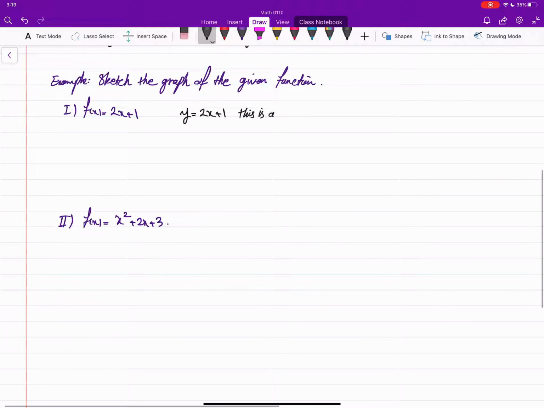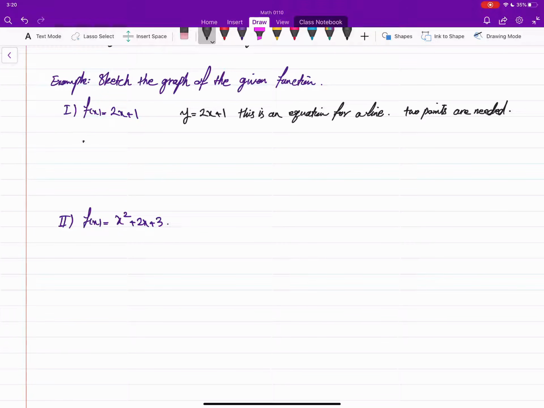This is an equation for a line. And to sketch a line, we already know we don't need to find all the points, we need only to find 2 points. Well, how do we find those points?